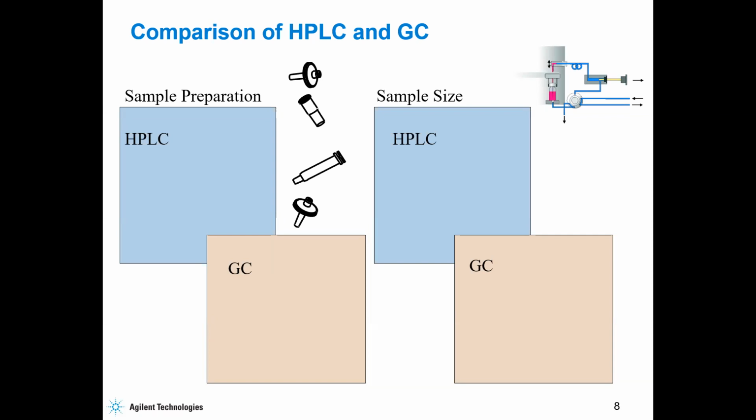On GC, we listed some types of detectors, like the flame ionization detector. The flame ionization detector was destructive, while the thermal conductivity detector and the electron capture detector were non-destructive.